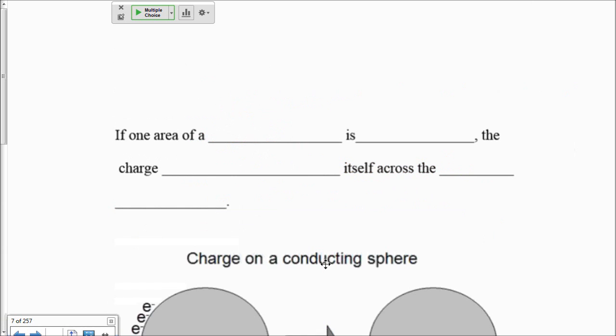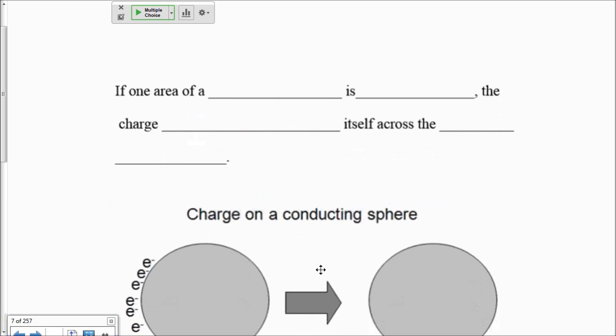So if one area of a conductor is charged, the charge evenly distributes itself across the entire surface.